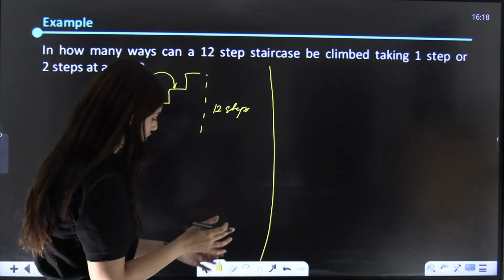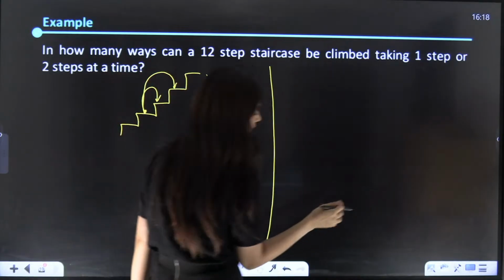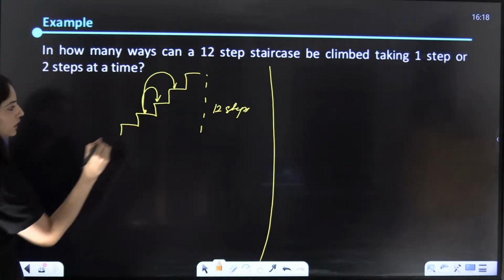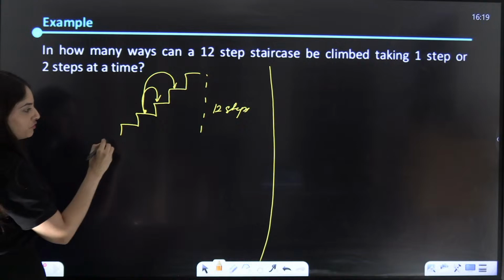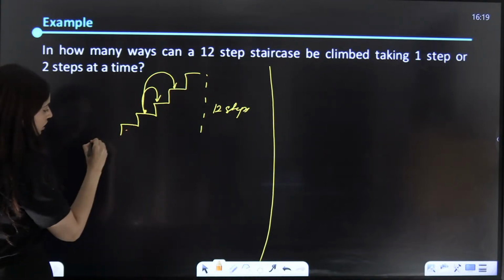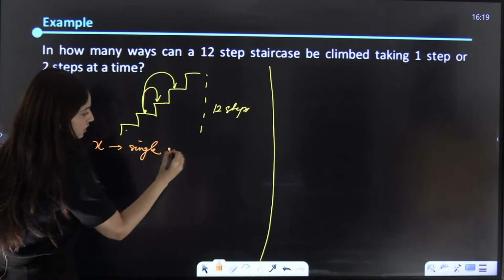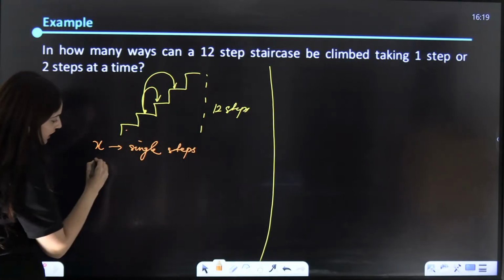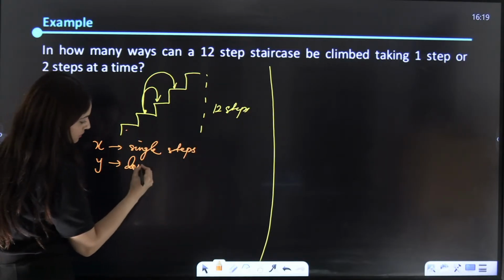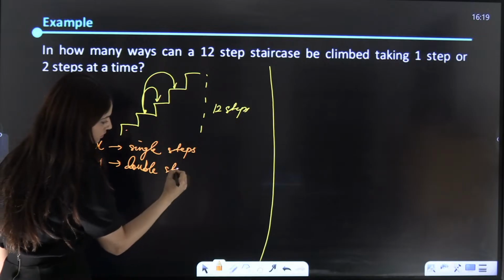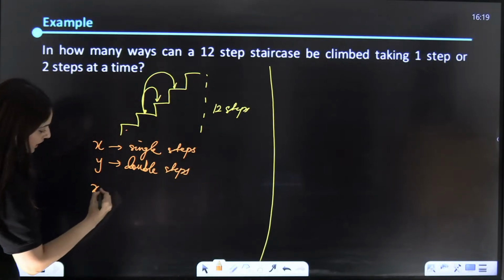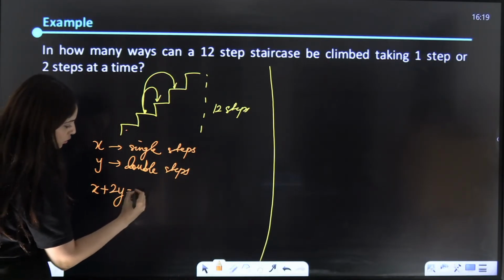Now there are 2 ways of looking at this as well. First is, let's say while going, I took X single steps and Y double steps. So now X plus 2Y is equal to 12.